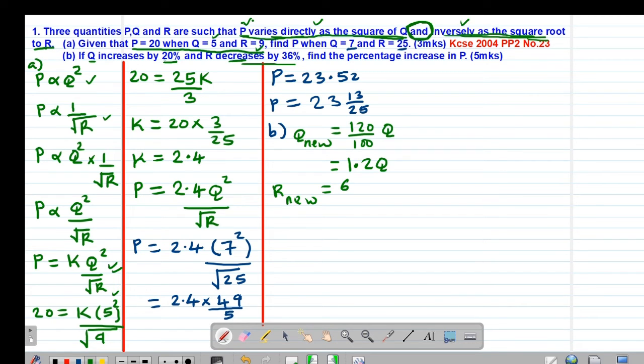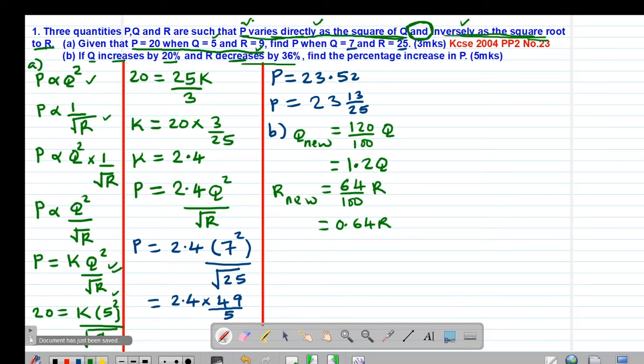Then for Q I was adding to 100 because it was an increase: 100 plus 20 gives 120. A decrease, you subtract: 100 minus 36 gives 64. So this will be 64 out of 100, multiplied by the original value of R, which is going to give you 0.64 R. So this is our new value of R.